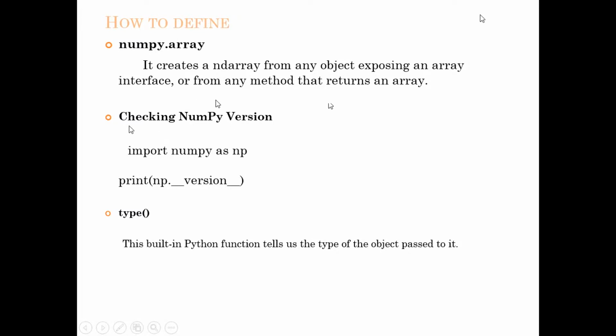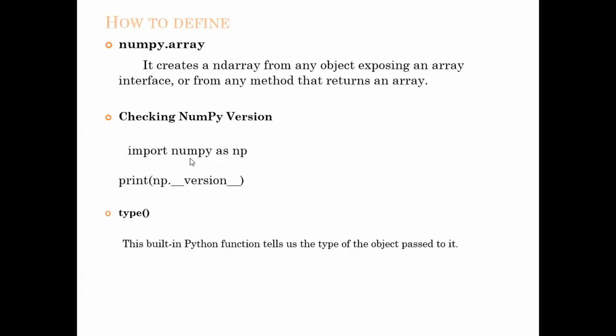So we can check the NumPy version. Import numpy as np. When you write import numpy, all the functionalities available in the NumPy package will be imported for this program.